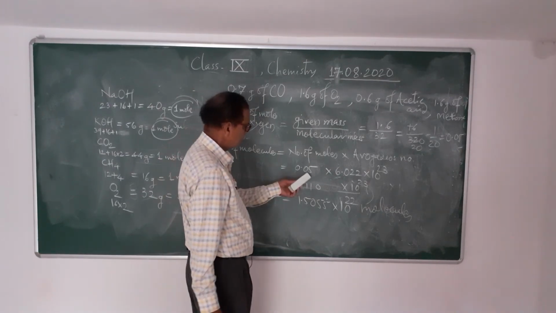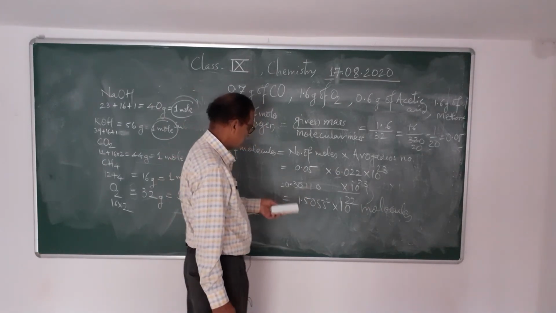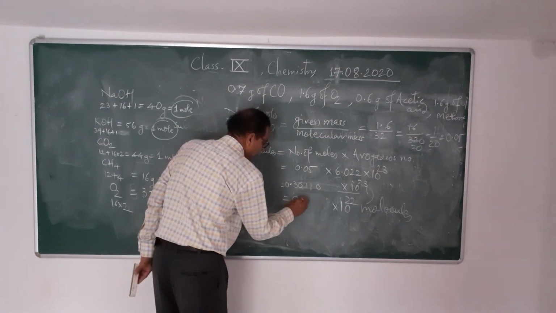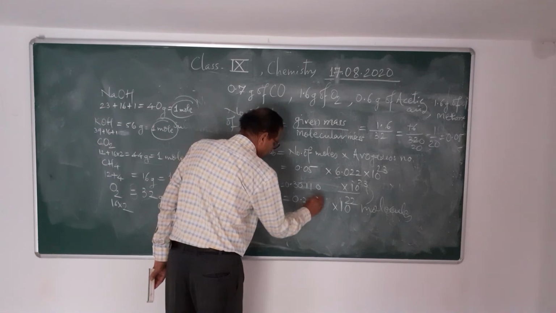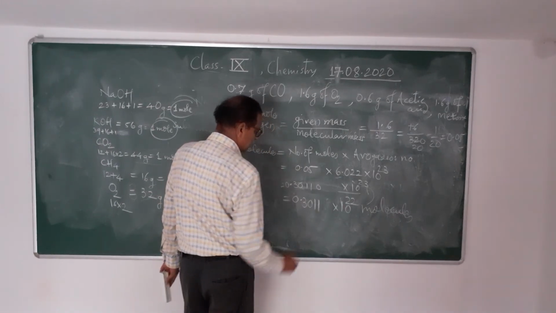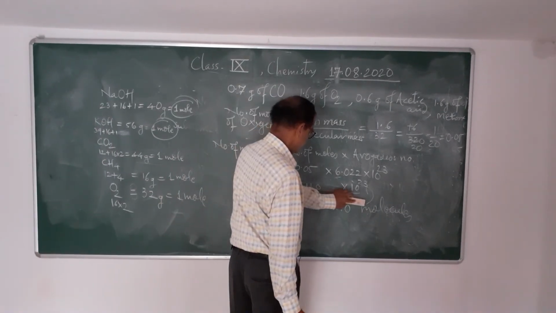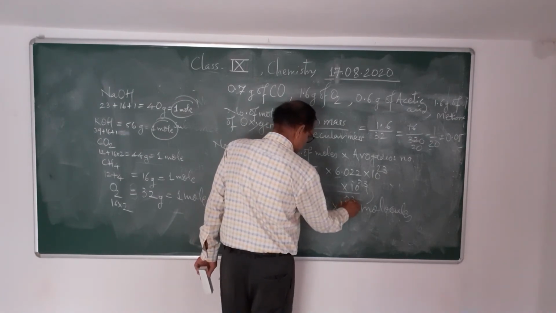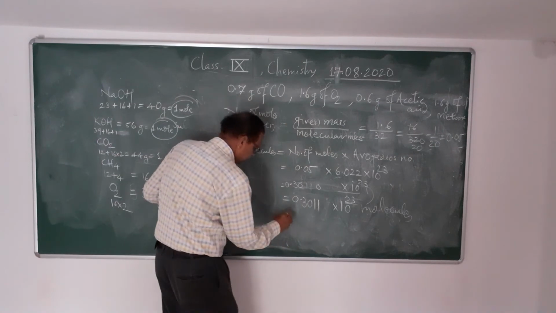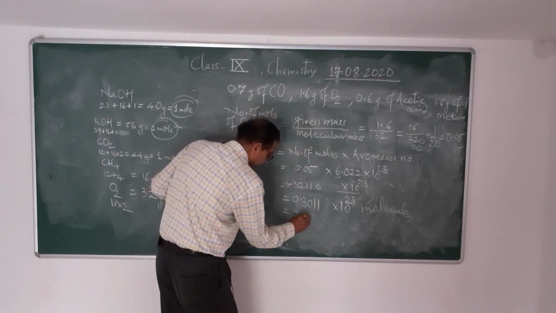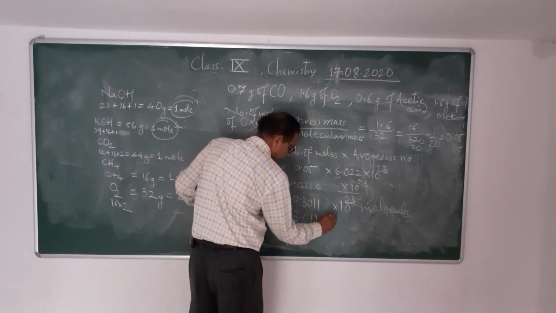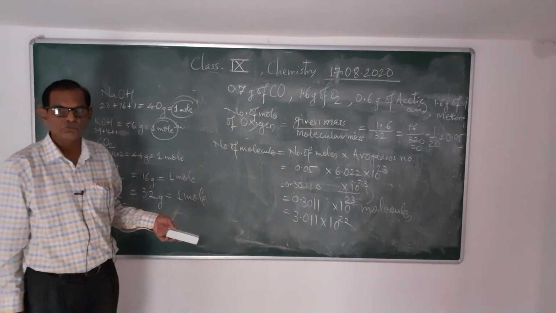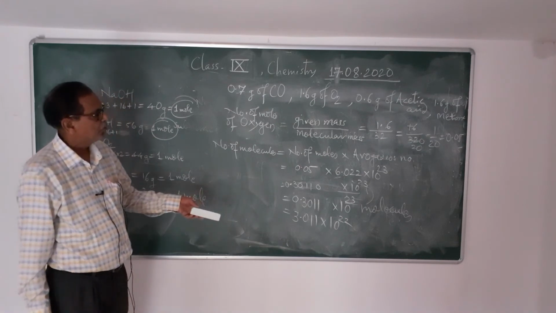So 0.3011 into 10 raised to power 23, and we can change it to 3.011 into 10 raised to power 22, as we are shifting the decimal point.